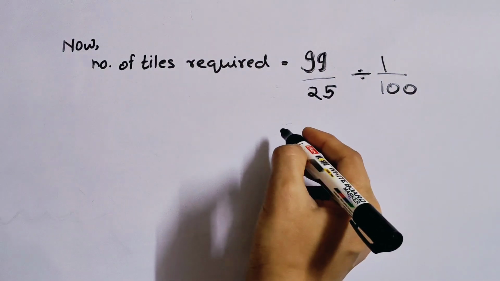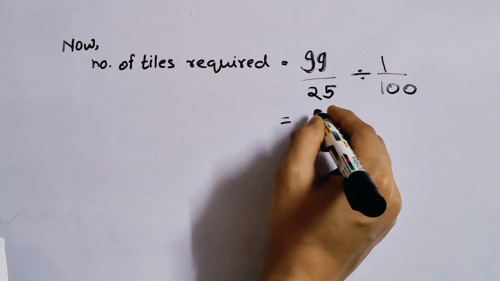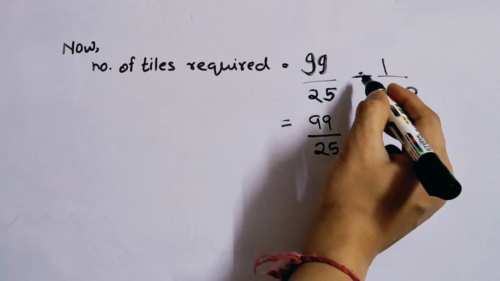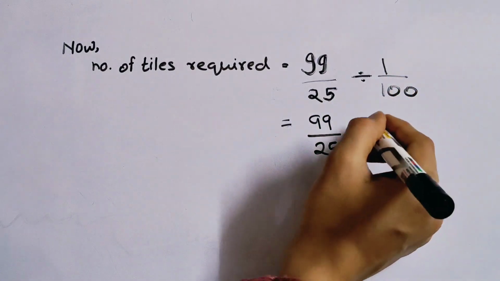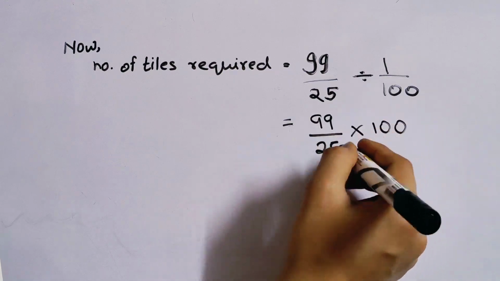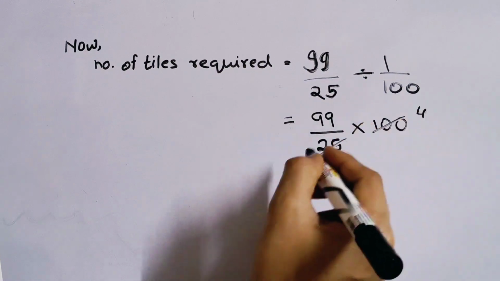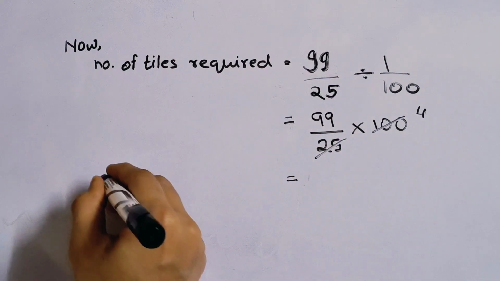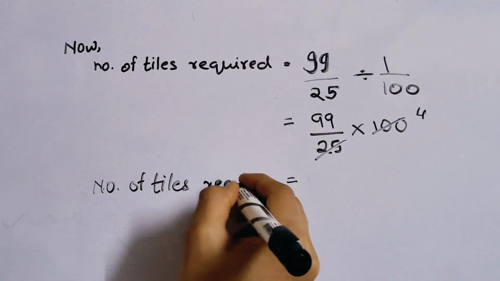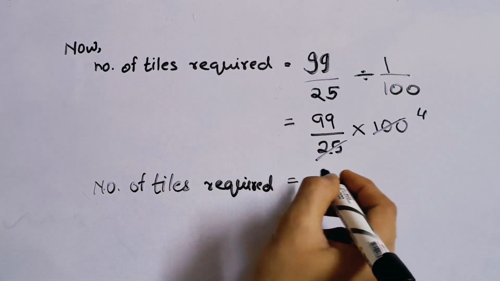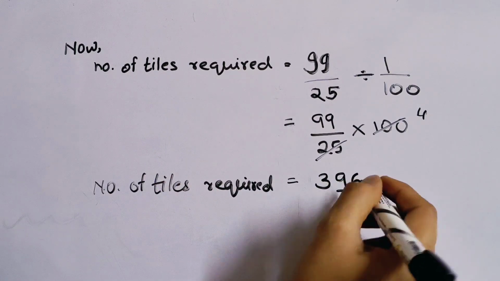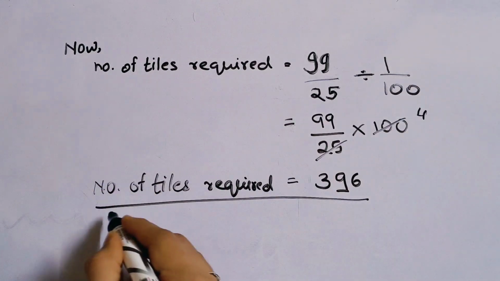So now we'll solve this. 99 divided by 25, this is division sign, so we'll reciprocate, so we have into 100. So number of tiles required equals to 396. This is our answer.